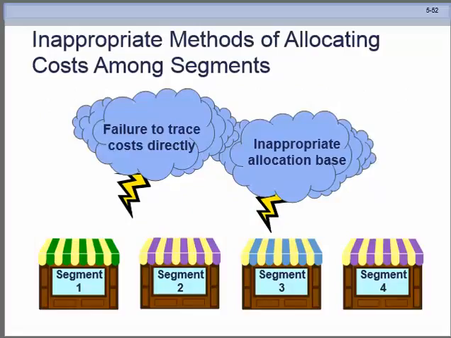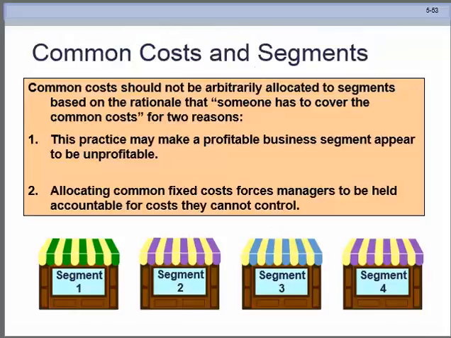So some problems you can run into, here's an example with 4 segments, is failure to trace the cost directly and an inappropriate allocation base. That better sound familiar from last week's discussion of predetermined overhead, where we were looking at the base to come up with the overhead rate. Same idea. Find the correct allocation base.